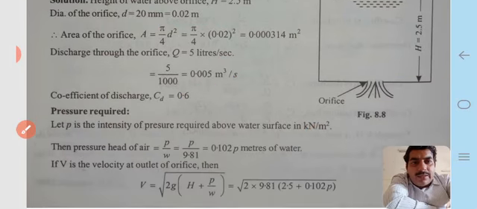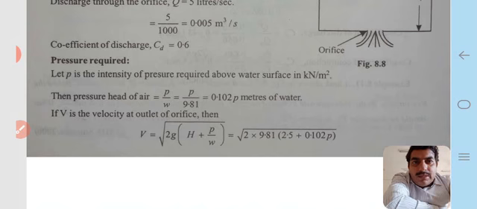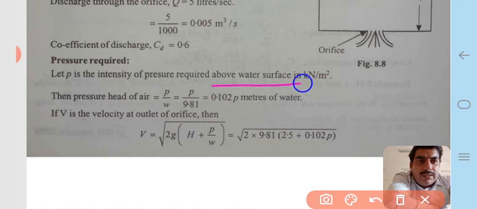Therefore, how much pressure is required at that orifice to pass the water quantity so that the discharge is maintained? Let P be the intensity of the pressure required above the water surface in kilonewton per meter square.